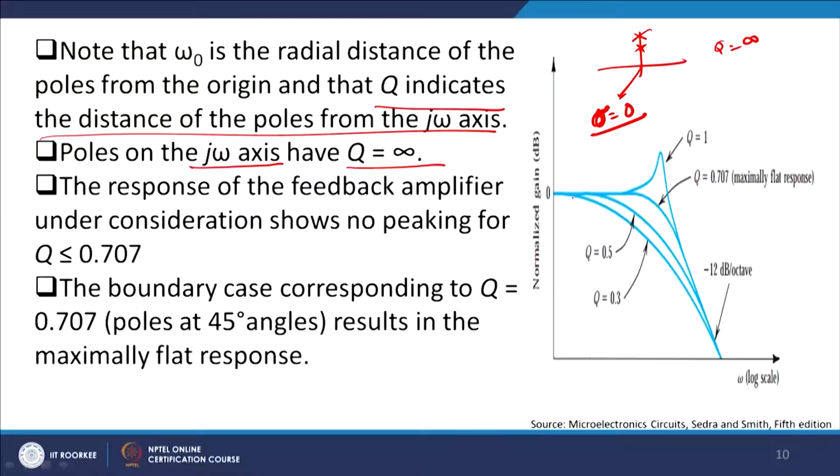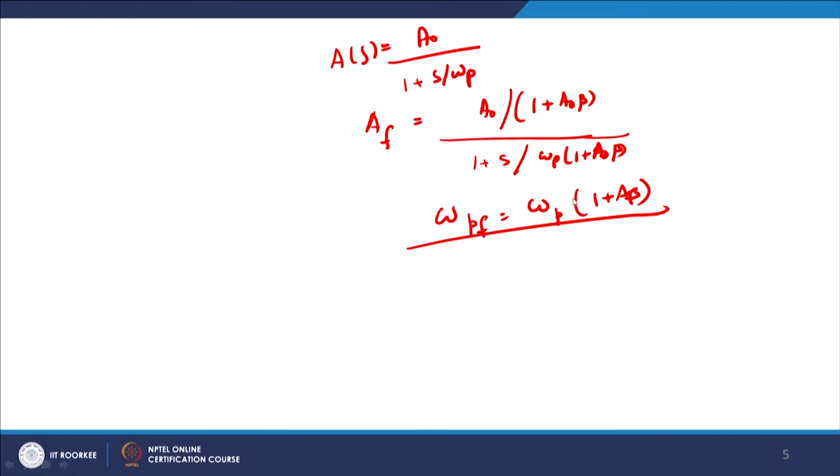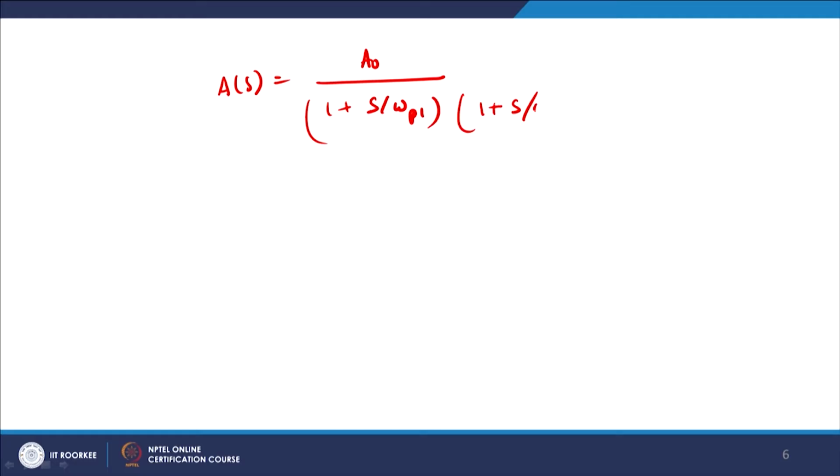So what you do is, and I will just give you this thought and we can move forward, let us suppose I have a multiple system, then a two pole response I can show. It is given as A0 upon 1 plus s by omega p1, into 1 plus s upon omega p2, a generalized statement of a two pole network.